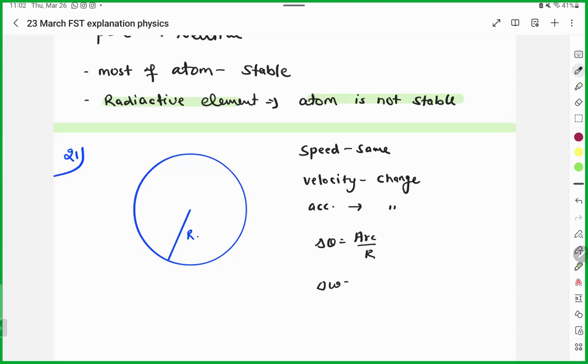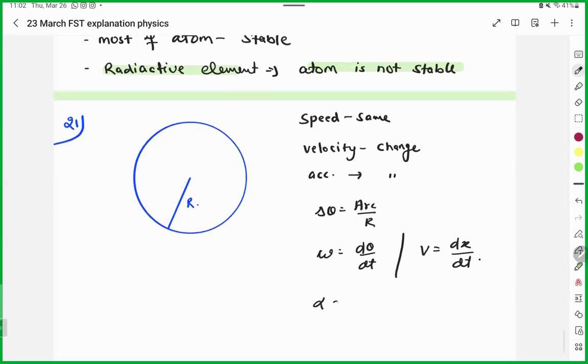Angular velocity will be d theta by dt. Same way जैसे होती है velocity is equal to dx by dt. ऐसा ही. Correct. Angular acceleration is d omega by dt, जैसे हमारा होता है acceleration is equal to dv by dt. Same comparison.